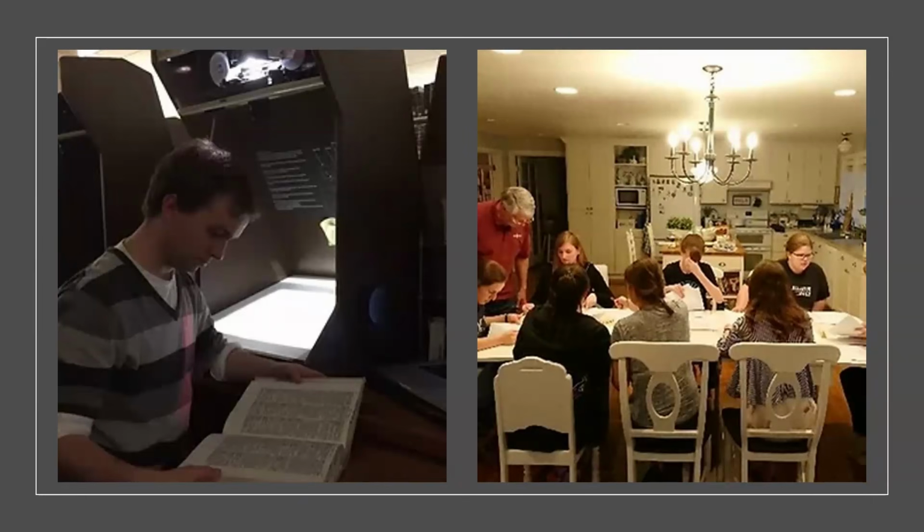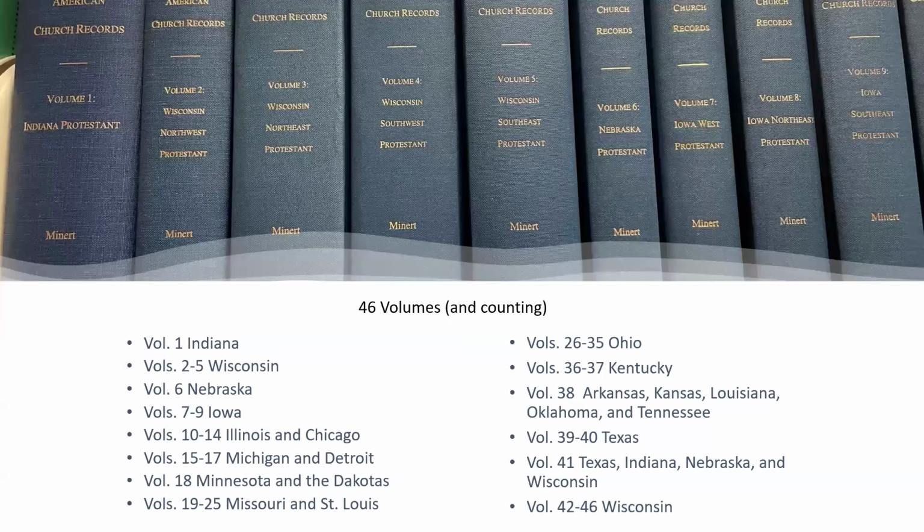On the right is a picture of one of the many indexing parties, as we call them, to prepare the name index in the back of each volume prior to publication. We have 46 volumes of this series thus far, and the work continues. You can see here the states that are covered by each of the volumes so far.